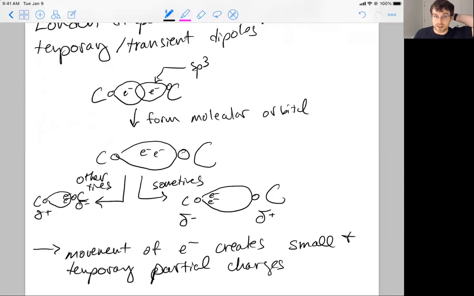If a delta plus and a delta minus in a permanent dipole that wasn't temporary or transient was like, I don't know, let's give it a number of like 0.5, half of a charge. This is like a tenth or 5% of a normal charge. And it goes away quickly. So sometimes it's +5%, and other times it's -5% of a full charge, and many times it's 0.